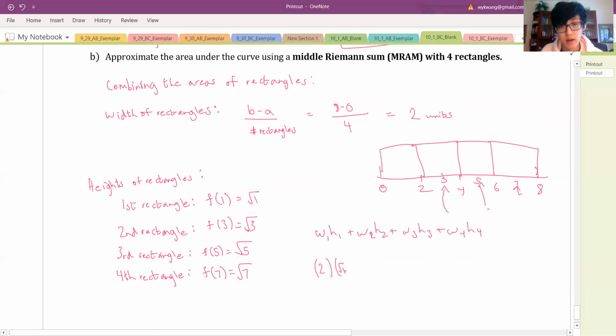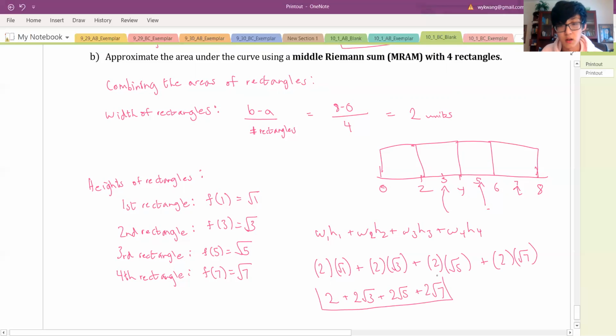But I'll write it out, square root of 1 plus width 2 is, again, 2 times height 2, which is square root of 3, plus width 3, which is 2 times height 3, which is square root of 5, plus width 4, which is 2 times height 4, which is square root of 7. So that's 2 plus 2 root 3 plus 2 root 5 plus 2 root 7.